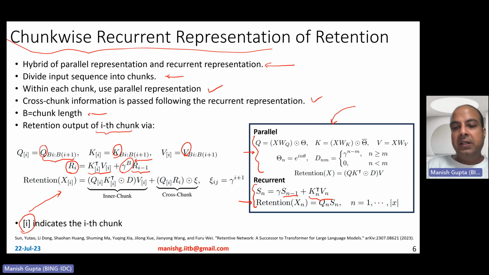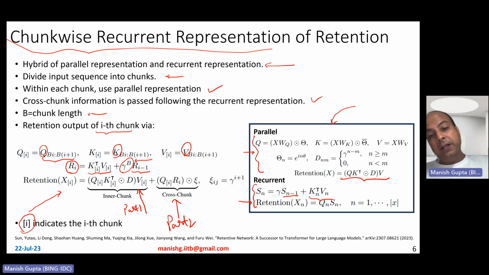I can use them with this formulation so as to compute the inner-chunk, within-chunk representation for all of those tokens. Okay. And then here, part 1 is the inner-chunk or parallel computation. Part 2 is essentially the cross-chunk computation from all previous chunks.